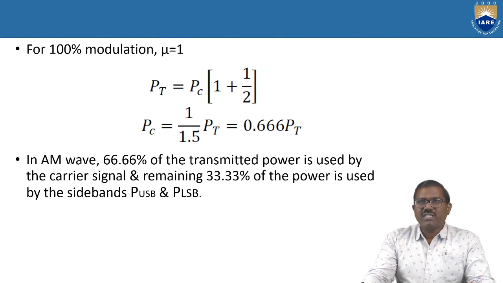So by using this equation, we can say that amplitude modulation has one drawback, that is a wastage of transmit power by the carrier alone. In the coming lectures, we are going to discuss how to suppress that carrier, and we are going to use that power.